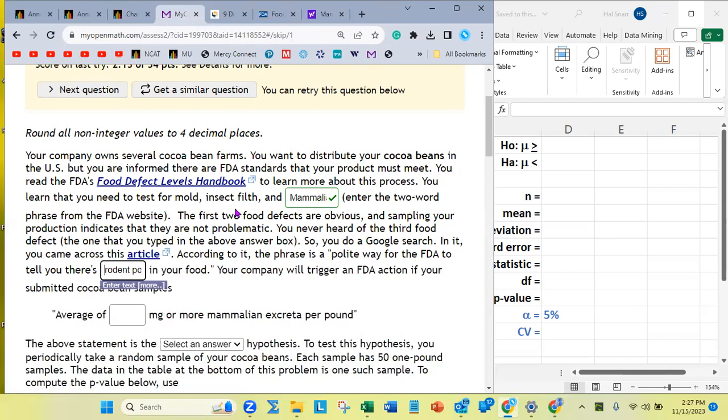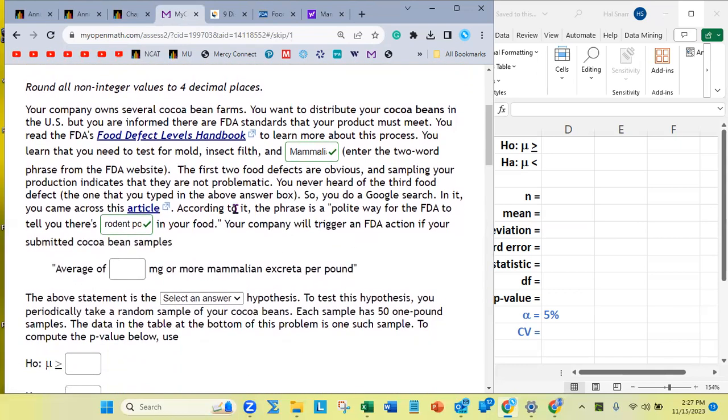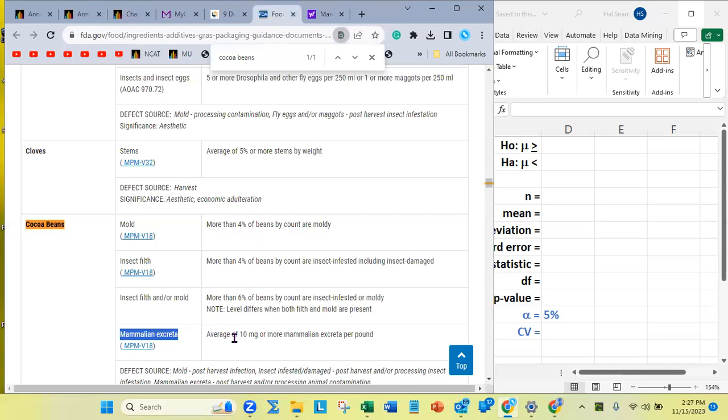Now I copied it in, but I made sure there's no space before and after the phrase rodent poop. Your company will trigger an FDA action if your submitted cocoa bean samples average 10 milligrams or more of mammalian excreta per pound.